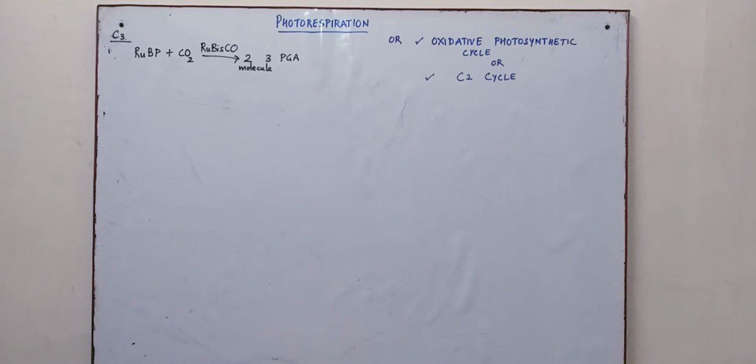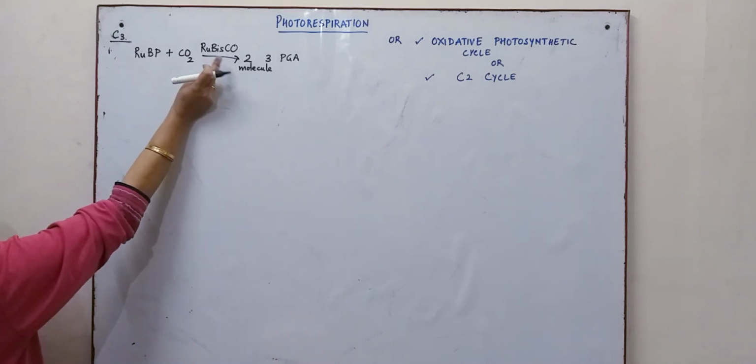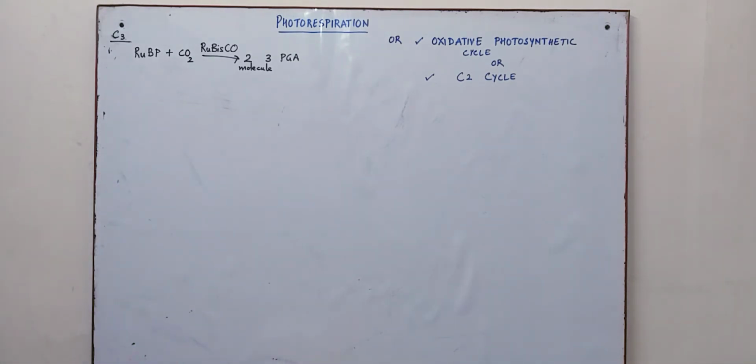The Rubisco enzyme is actually peculiar. It is ribulose bisphosphate carboxylase oxygenase. It is peculiar because this enzyme has active sites which can bind with both oxygen as well as carbon dioxide.